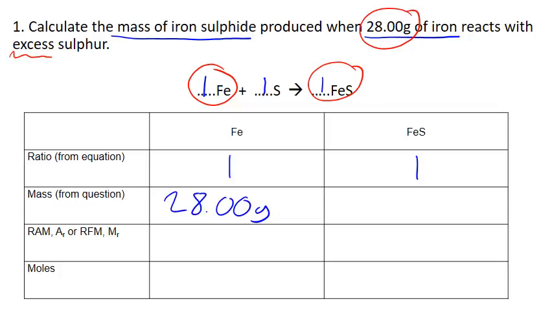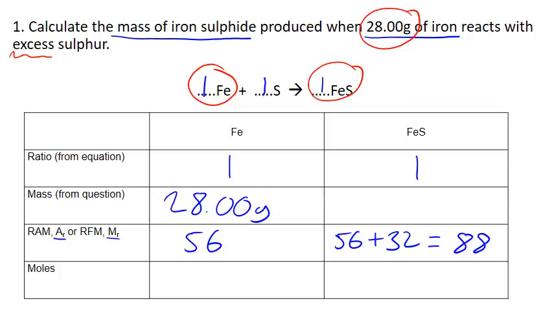So for iron, that's easy, that's an AR because it's an atom by itself, and if I look that up on a periodic table, that's 56. And for iron sulfide, I need to do a little bit more work. Now that's going to be an MR because it's a formula, so that's going to be 56 from iron plus 32 from sulfur, which gives me an MR of 88.